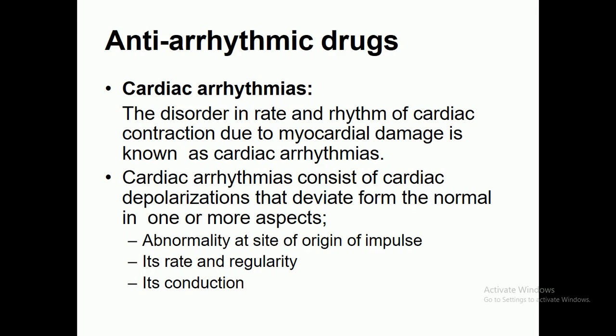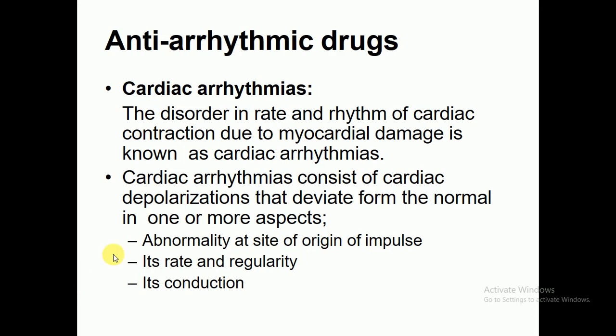In simple words, you can say when there is abnormal heartbeat, whenever there is myocardial damage or a disorder in the rate and rhythm of the cardiac contractions, the cardiac arrhythmia consists of cardiac depolarization that deviates from the normal in one or more aspects.